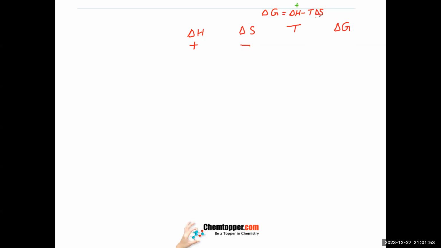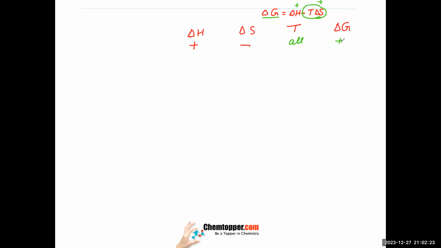Delta S is negative. So this negative and negative will make this complete factor positive. Do you think under any condition you can make delta G negative? Yes, Jyoti, you're right. So can I say that at all temperatures, delta G will be positive? Atharva, you're understanding? Sanvi?